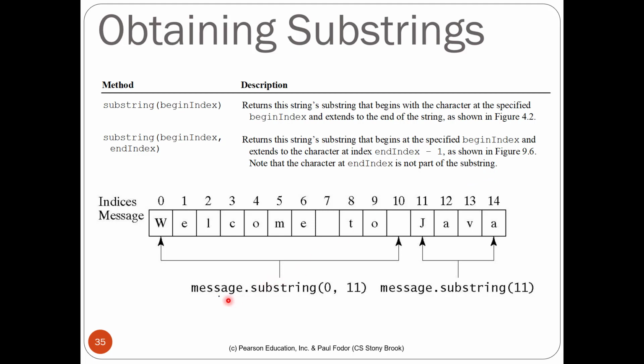So if someone says message.substring(0, 11), then you go starting from the beginning index 0 till 11 minus 1, which is 10. The result of that would be "Welcome to ". There is a space character at the end as well, so what you would see printed is "Welcome to" followed by a space.